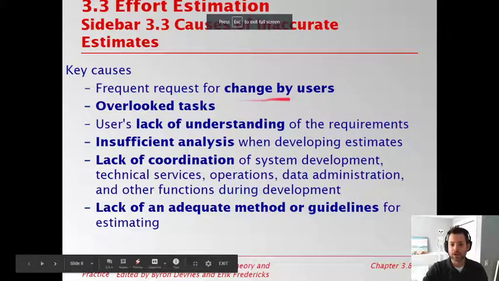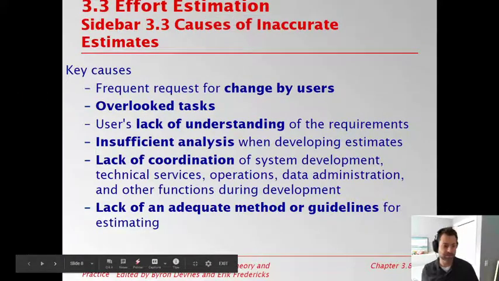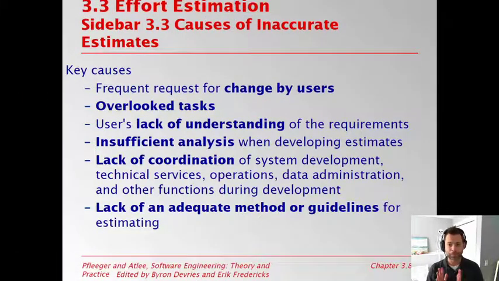All right, so one of the key causes is also change requests, right? If we have it built into our contract that we can take user feedback and apply it to our system, that means that our requirements have to change or our use cases have to change, our implementation has to change.